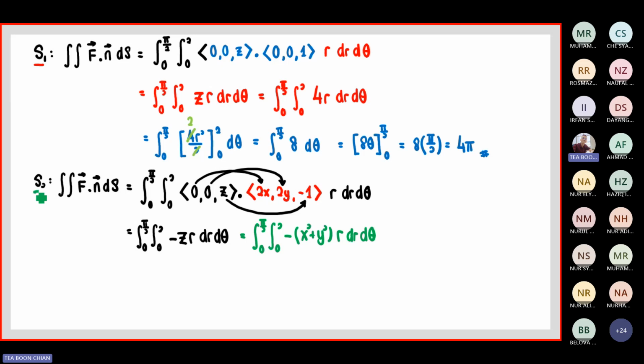But you need not worry too much because we also learned under the circle equation, x squared plus y squared is always r squared. So this part here, you can simply replace by this. So negative r power 2 multiply r, you have negative r power 3.